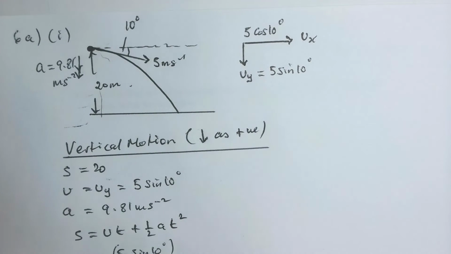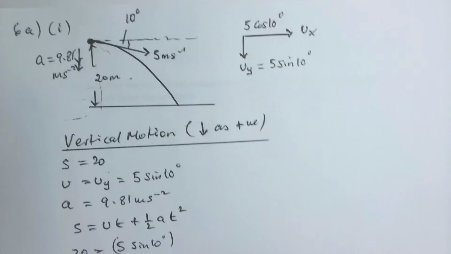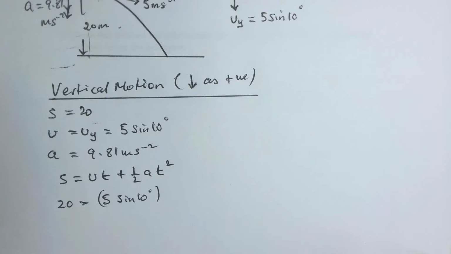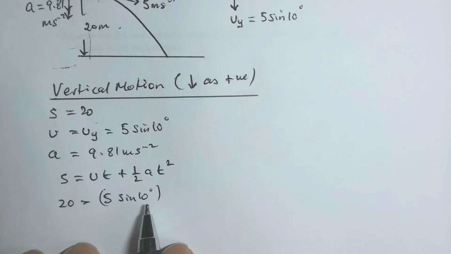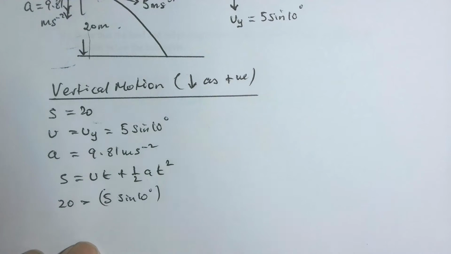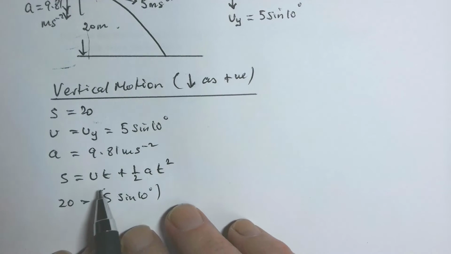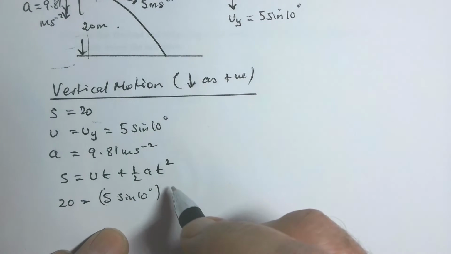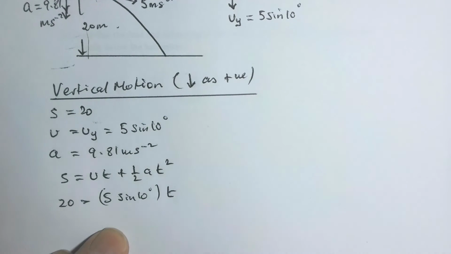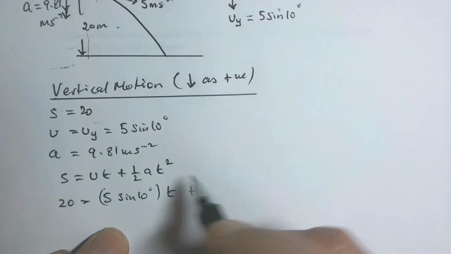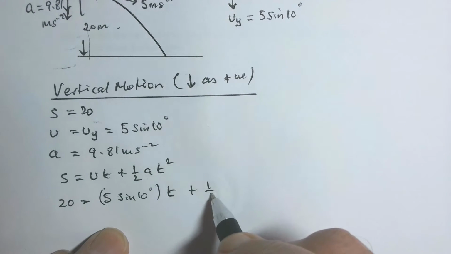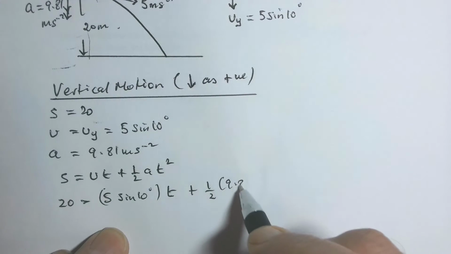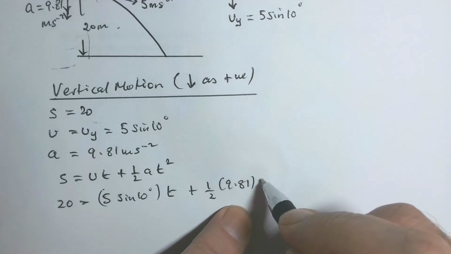I'll leave that as 5 sine 10, because at some point I'm going to need the calculator, and I might as well put this straight in without having to write out some enormously long decimal number. t is the unknown, and a is 9.81. So we've got a half times 9.81 times t squared.